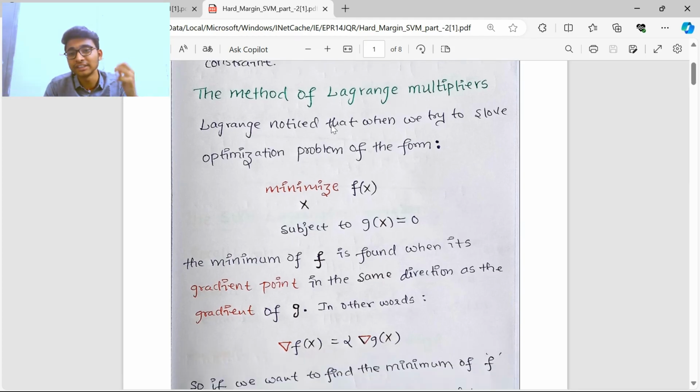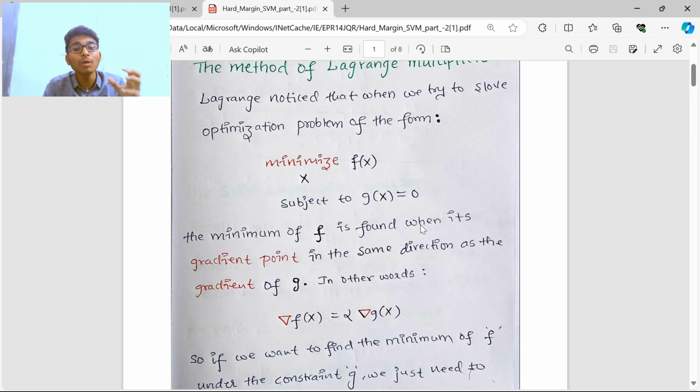Lagrange noticed that when we try to solve an optimization problem of the form minimization of f of x subject to g of x equal to 0, an equality constraint, the minimum of f is found when its gradient points in the same direction as the gradient of g.